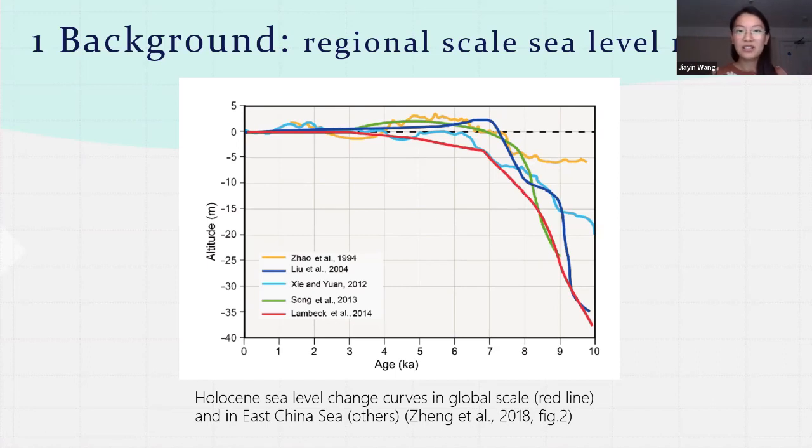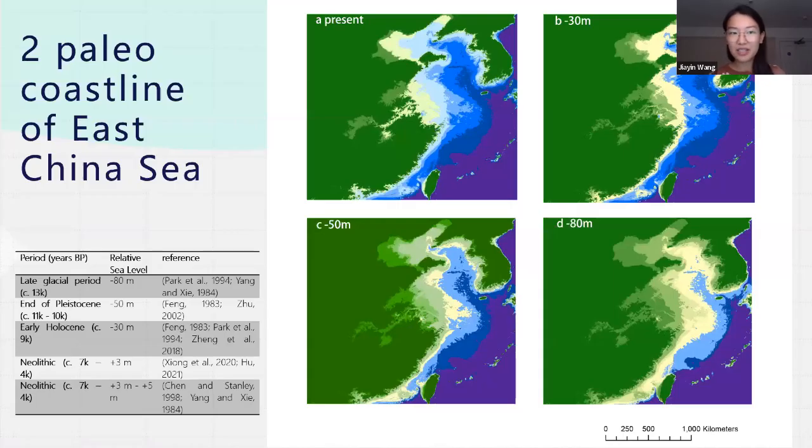And by using these general patterns of the East China Sea, I generate the possible paleo coastline maps of the East China Sea by using the JAPCO 2021 global bathymetry data.